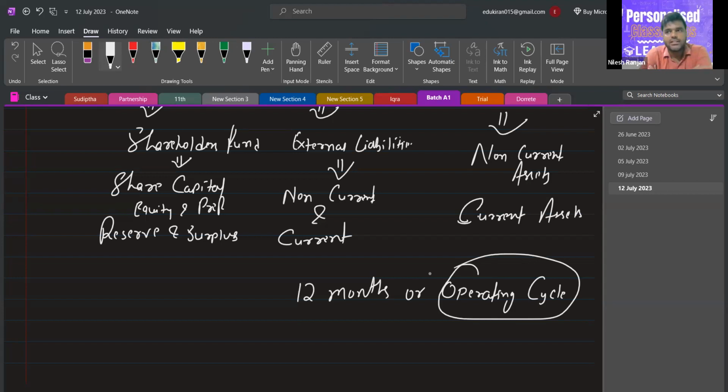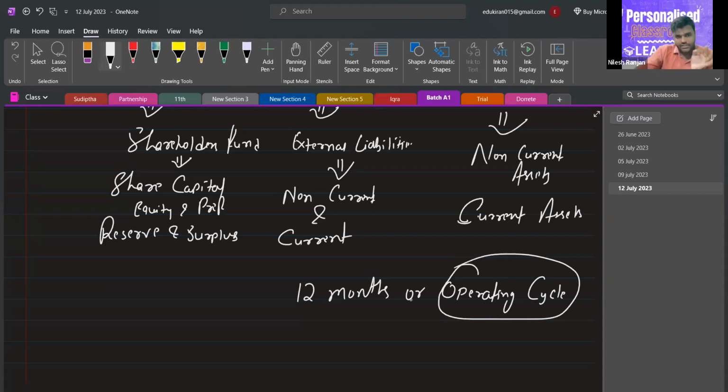Okay, actually operating cycle is a time period in which we purchase raw material, we convert it into finished goods, we sell it, and we receive money from debtors, and then we again purchase raw material. So this whole cycle is called operating cycle. How much time we take in completing our operating cycle is also a decisive factor in non-current and current.